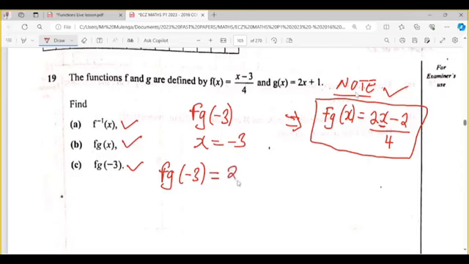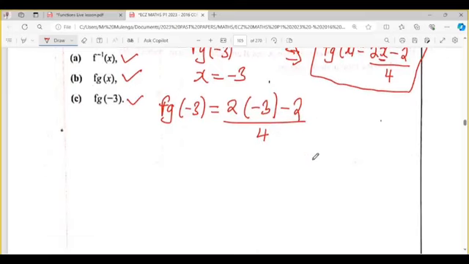So you write (2 times negative 3 minus 2) over 4. I hope that you have gotten what I've explained. Now just open the bracket: 2 times negative 3 gives negative 6, minus 2, gives negative 8 over 4.